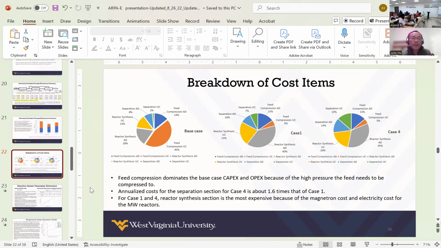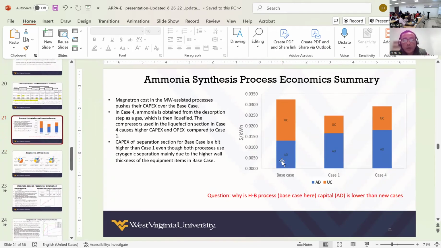Let's spend some time. I want you to read the 3 bullets. Then I'm going to interpret the pie chart for you. Again, there's a different angle to look at, the base case versus case 1, case 4. Whereas here only summarizes the utility cost and capital cost. But utility cost and capital cost is not just the technical economic analysis.